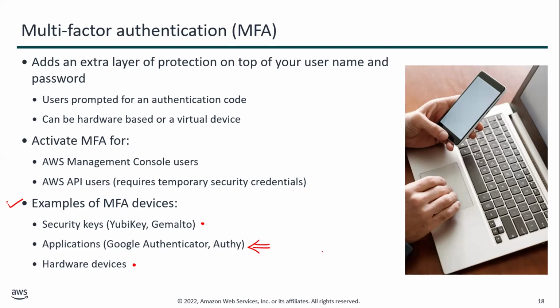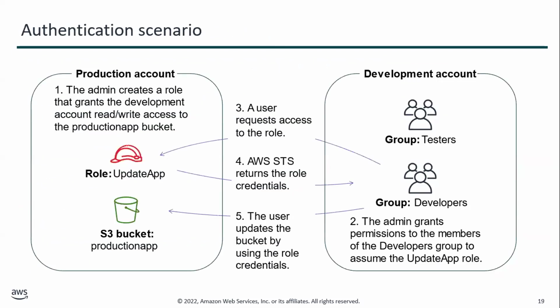So these are the different types of MFA. If you enable the MFA option, you definitely need to enter a 6-digit OTP along with your password. Then only you will be able to log in.